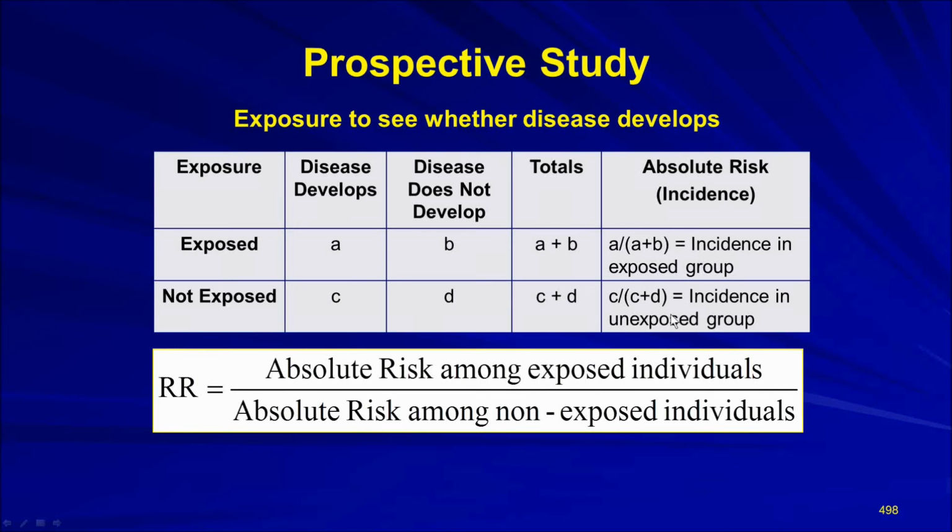Now, please take a mental snapshot of this particular table and notice how every one of the cells are labeled, because you're going to need to know that. And remember, the key thing to remember is absolute risk is just another name for incidence rate. Okay? So I'm assuming we're together thus far and you're not confused.